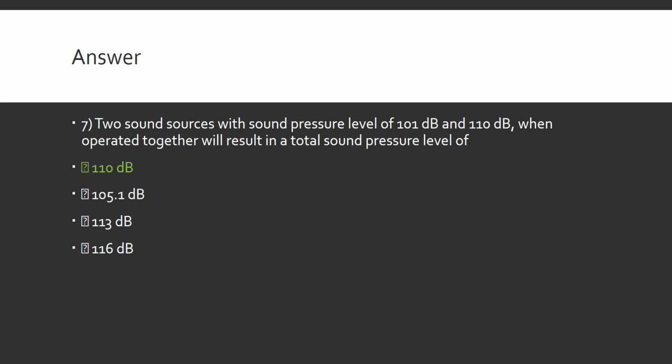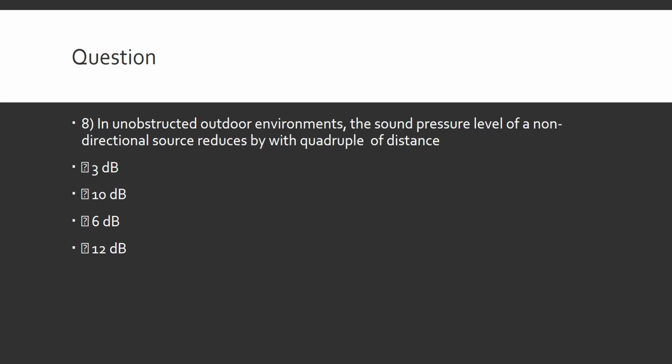Next question: in unobstructed outdoor environments, the sound pressure level of a non-directional sound source reduces with quadruple of distance. This is basically a question related to the inverse square law. With every doubling of distance, the sound level reduces by 6 decibels.